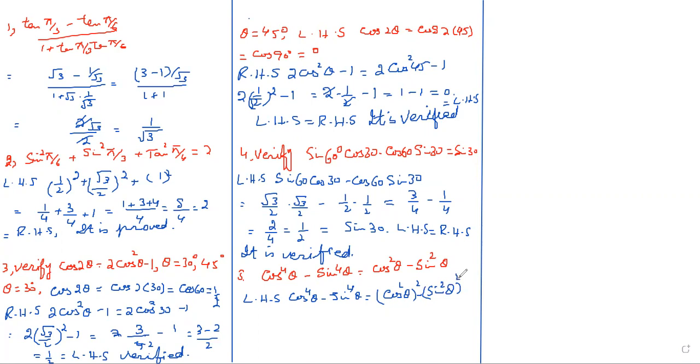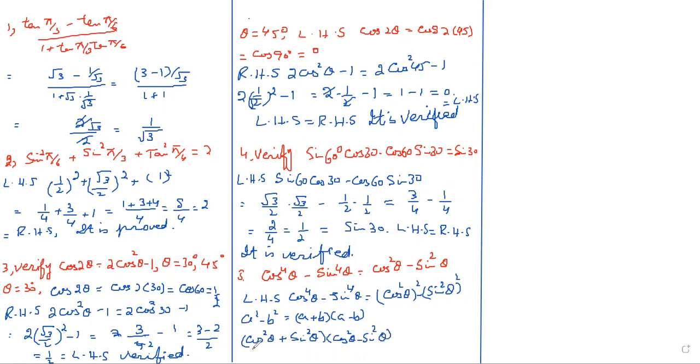Now using the formula a square minus b square equals to a plus b times a minus b, so we can write it cosine square theta plus sine square theta times cosine square theta minus sine square theta. Okay.